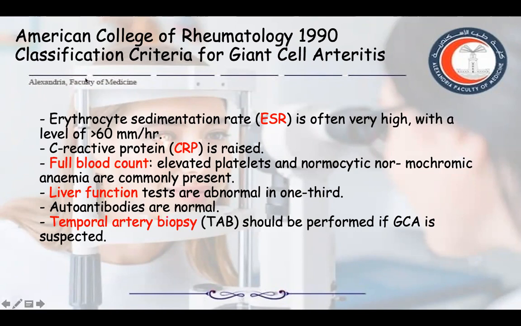These are the investigations that we can do in patients with GCA or suspected GCA: ESR, which will be high for sure, CRP, and full blood count, where we will find elevated platelets with normocytic normochromic anemia. Liver function will be abnormal in one third of patients. Autoantibodies are normal. This is not an autoimmune disease. Temporal artery biopsy is very important in cases of GCA.